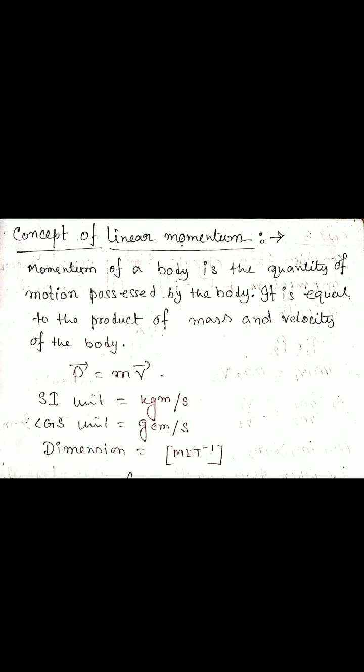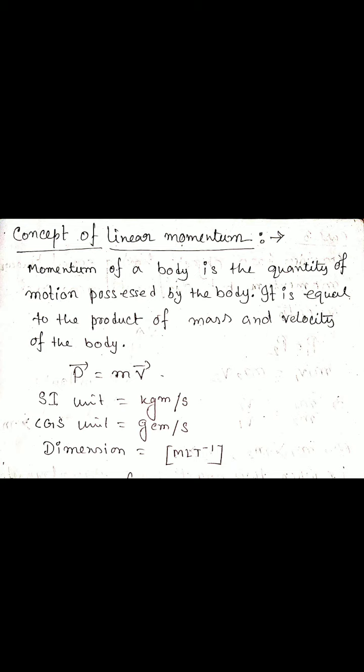So from these two examples, we can conclude that the effect of motion of a body depends on both, not only on one quantity, not only the mass, not only the velocity. The effect of motion of a body depends on two things: one is the mass of the body, another is the velocity of the body.